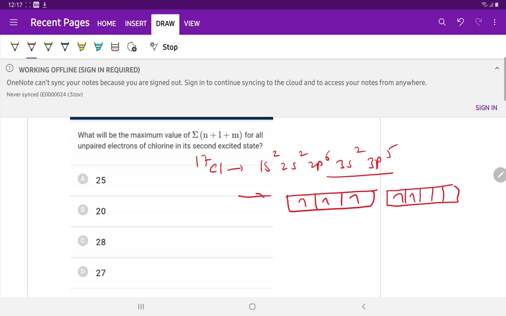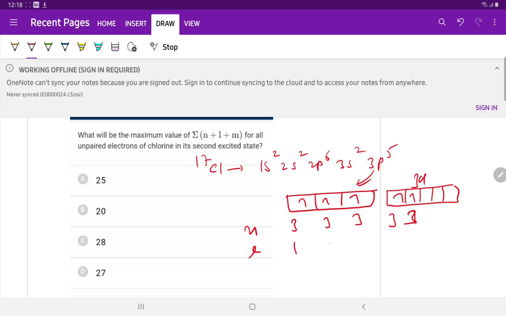So these are 3s2, and these are 3p5, and 2 electrons are excited in 3d orbital. So the value of N is 3 for this electron, 3 for this electron, 3 for this one and 3 for this electron. All the unpaired electrons have principal quantum number 3.